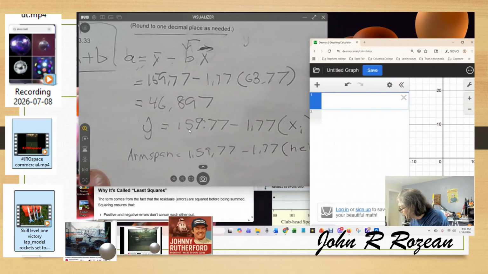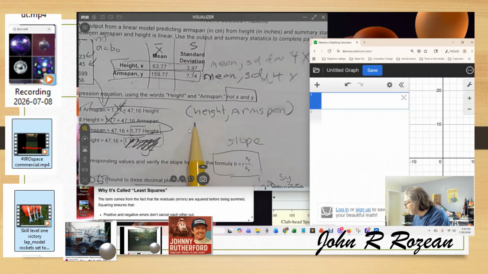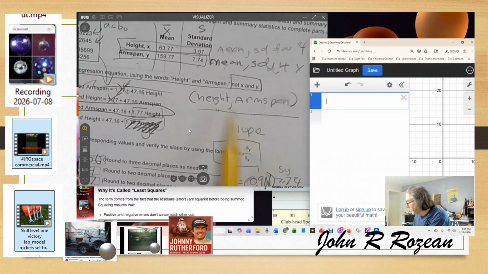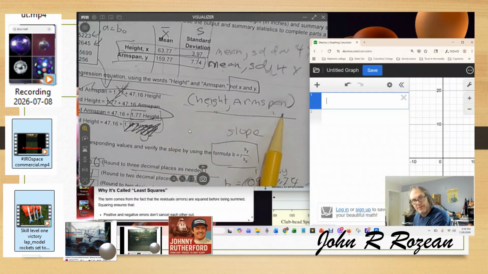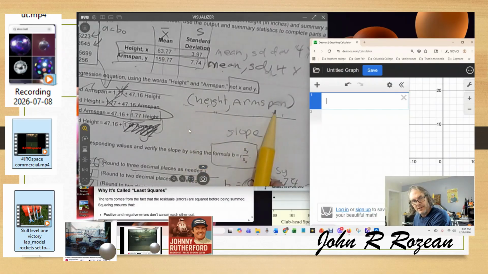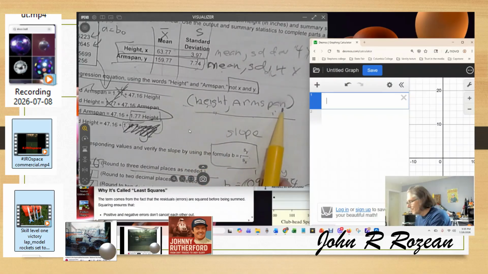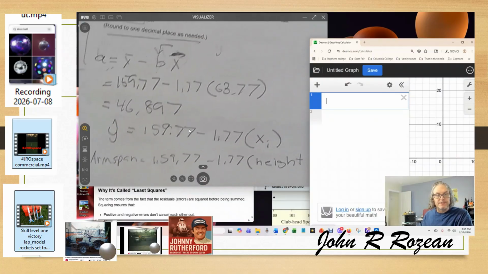Okay, that's our variable, right? And this is what we were going for. This was the assignment. Arm span, independent variable, predicting. Predictor variable, response variable. Independent, dependent. Predictor variable, response variable. So there we have what we have for our equation.